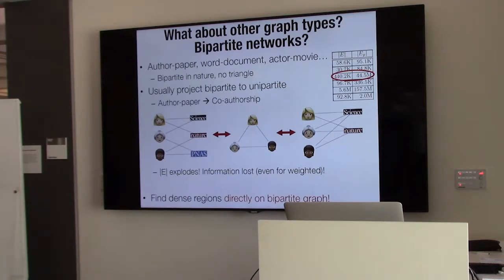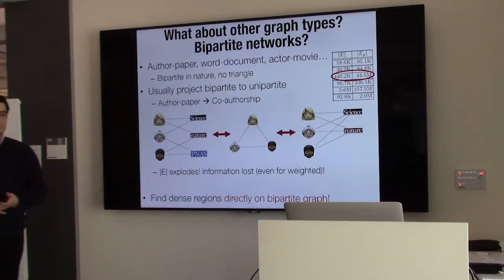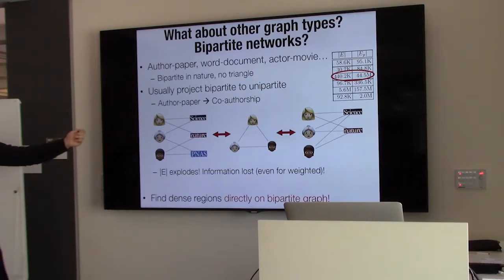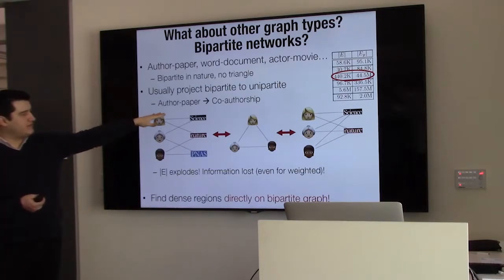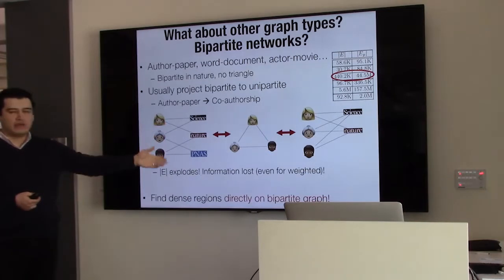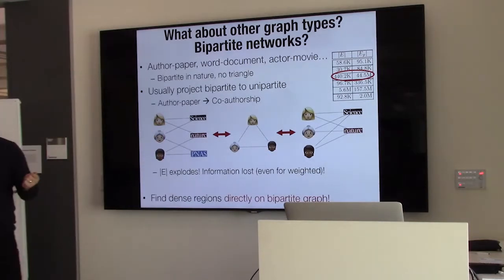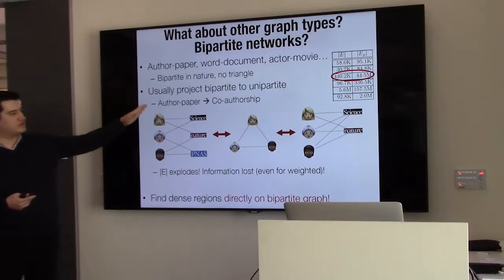And a very common practice to deal with that kind of data is a projection. So you basically convert this to a unipartite version by using the author-paper relationships to create the co-authorship graph. So everyone is an author, and there's an edge between two if they published a paper together. And there are even weighted variants for that projection.